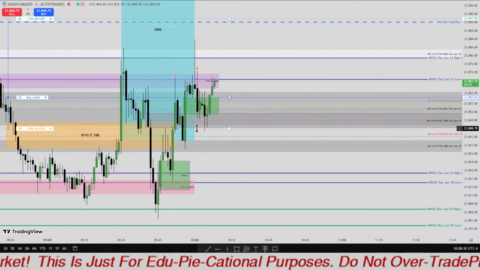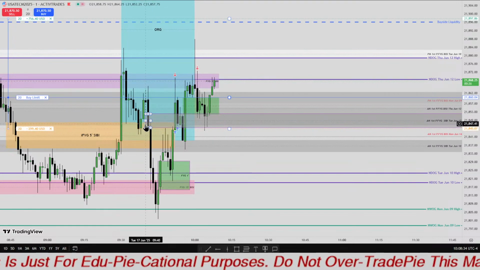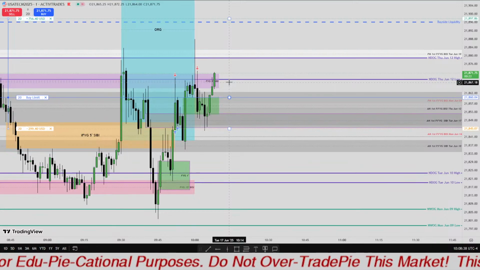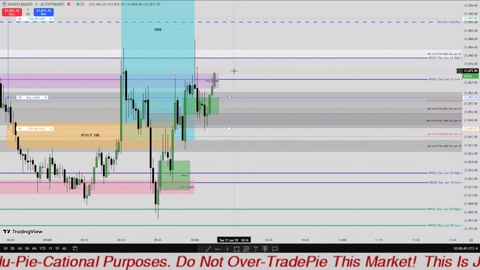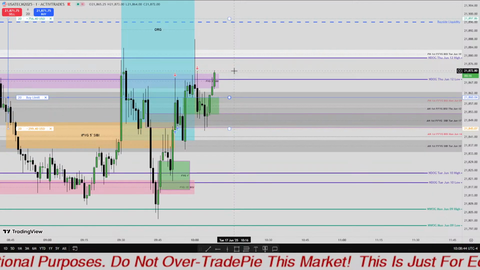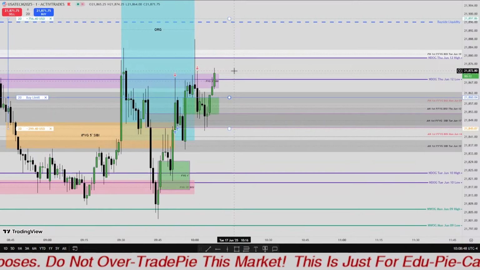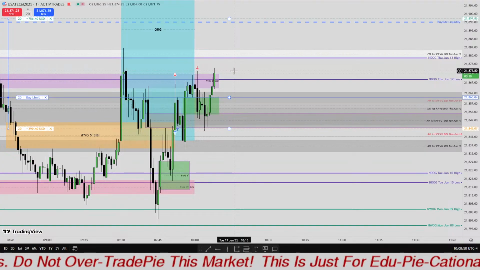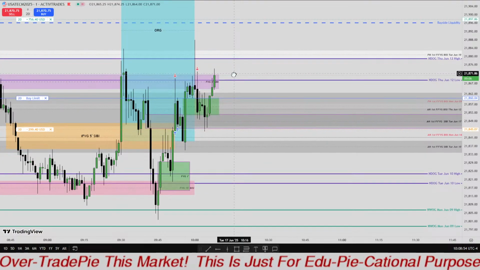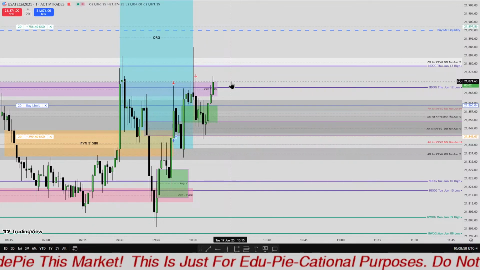This stop is placed right below the first presented fair value gap, and I'm waiting for the market to see what we can do over here, if it can give us a chance to get on board.